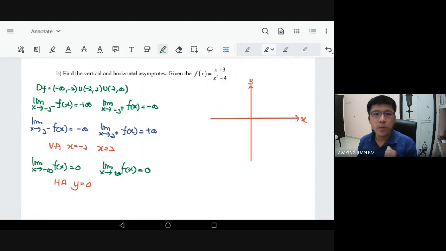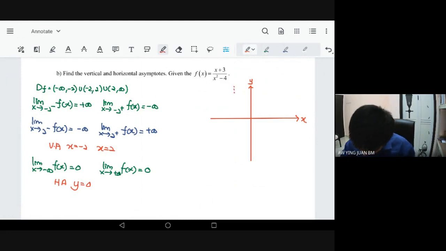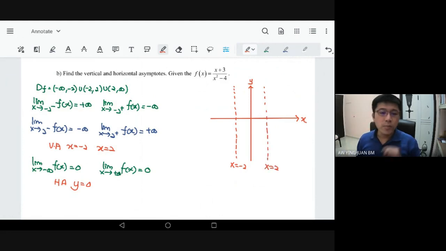So sekarang apa yang kita perlu buat adalah kita nak illustrate the situation. So first, kalau saya nampak ada negative 2 and 2. So di mana itu adalah kita punya asymptote, vertical asymptote. So let's say kita anggap ini adalah 2 and negative 2. Okay, so behavior dia negative 2 from the left.